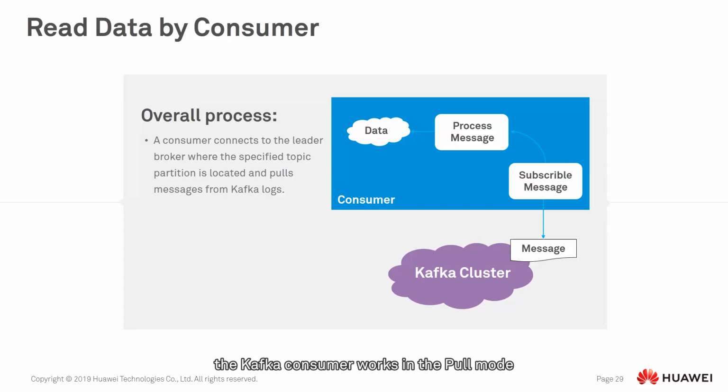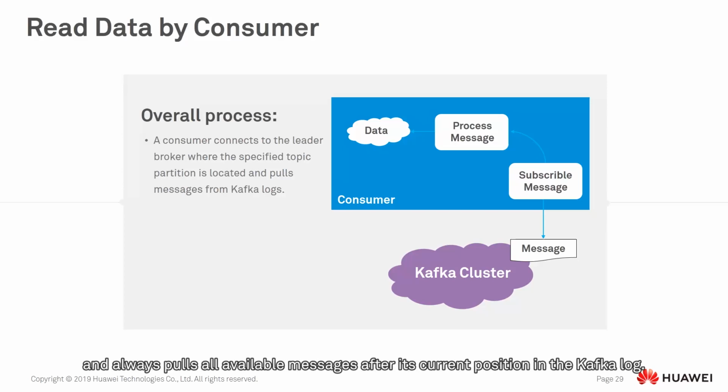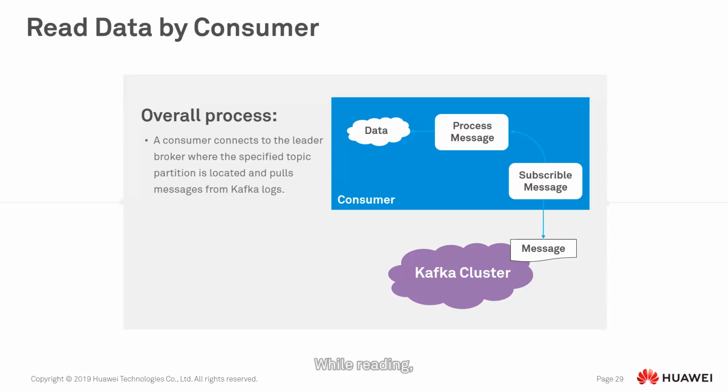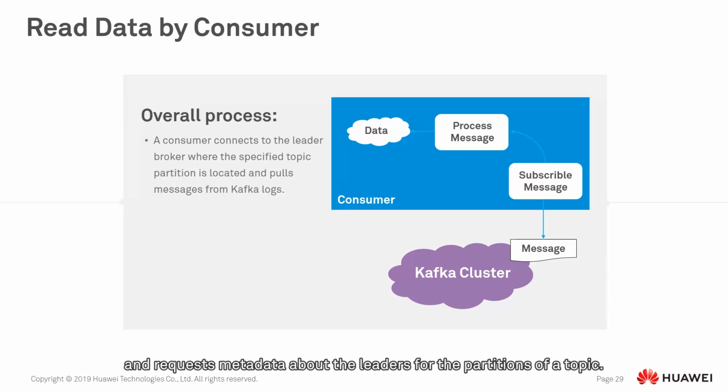Therefore, the Kafka consumer works in the pull mode and always pulls all available messages after its current position in the Kafka log. While reading, or we can say subscribing, the consumer connects to any of the live nodes and requests metadata about the leaders for the partitions of a topic. This allows the consumer to communicate directly with the lead broker receiving the messages.